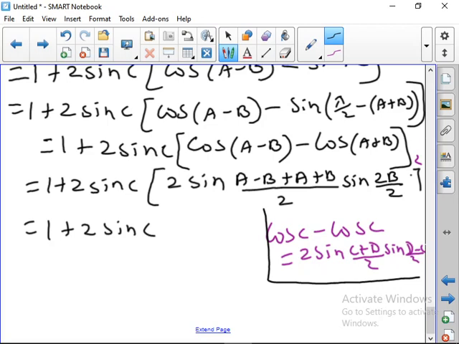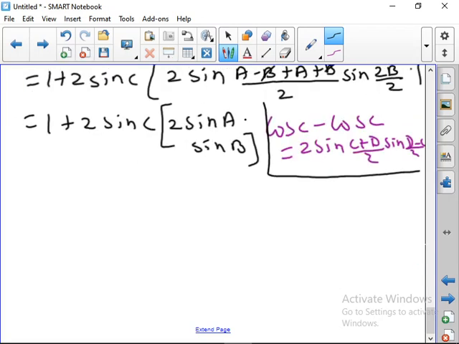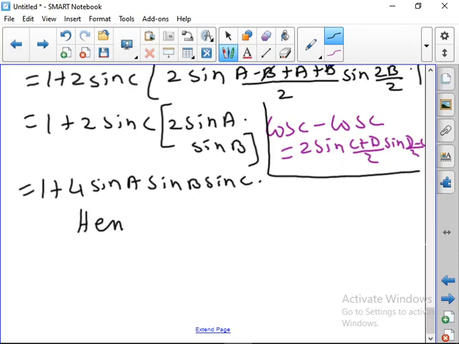So finally it is 1 plus 2 sin C into 2 sin, minus B plus B gets cancelled, sin A into sin B. So finally it is 1 plus 4 sin A sin B sin C. Hence it is proved.